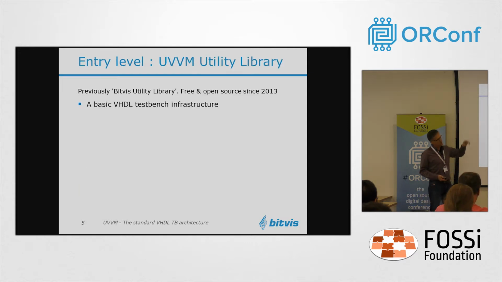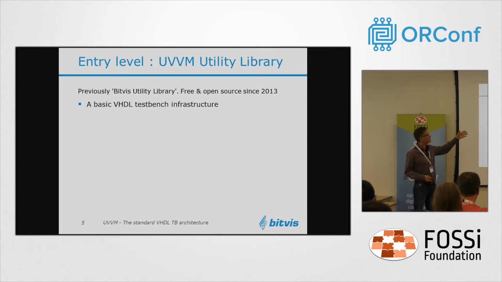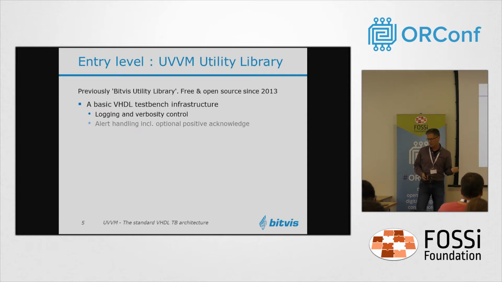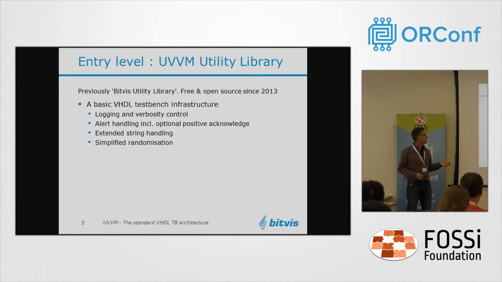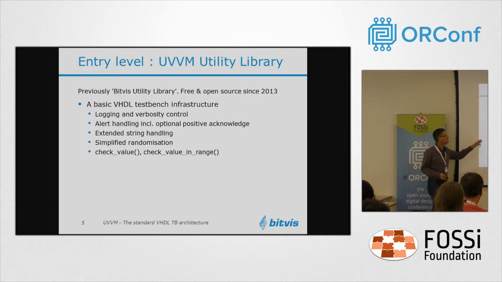Now, I want to briefly mention that we have an entry level utility library, which is a basic VHDL test bench infrastructure. It has logging and verbosity control, alert handling, extended string handling, and simplified randomization. It has the procedures you need to check signals coming out of your device under test.